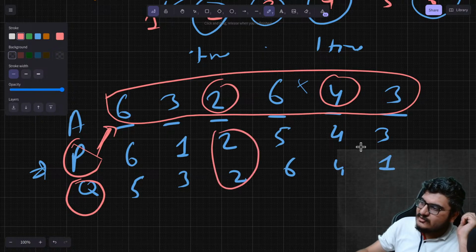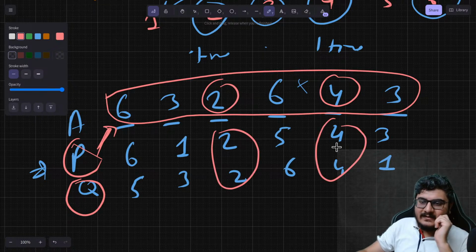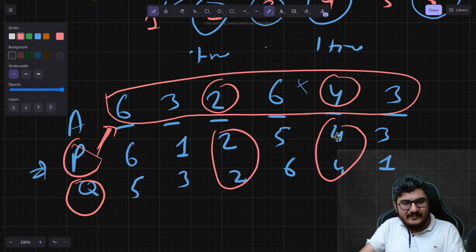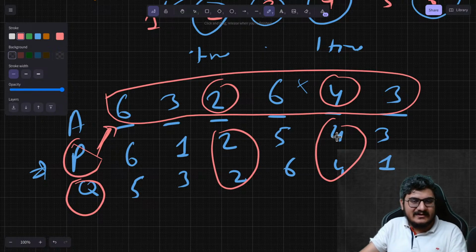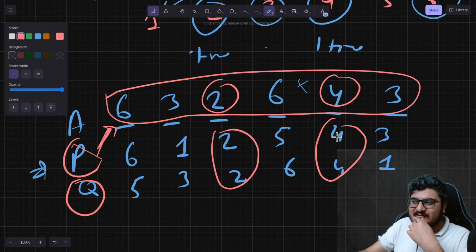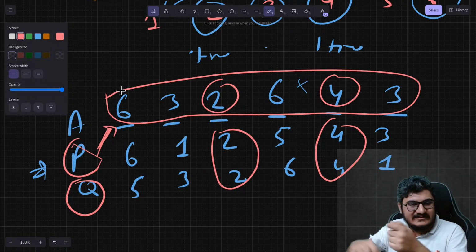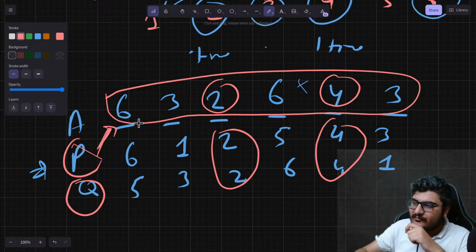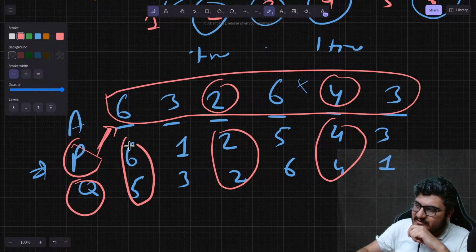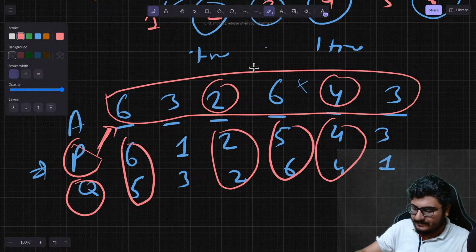So for both P and Q, form the same number there. And now you would be left with some numbers which appear 0 times, some numbers will appear more times. So the idea is you pick the largest element which appears 2 times, and the largest element which appears 0 times. Form a pair for that, which would be 6, 5 here, 5, 6 here.